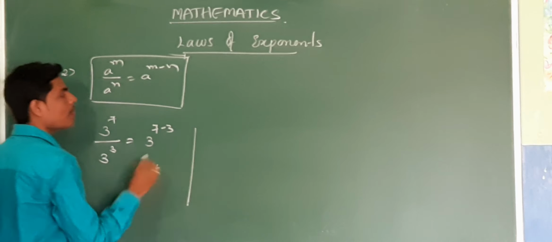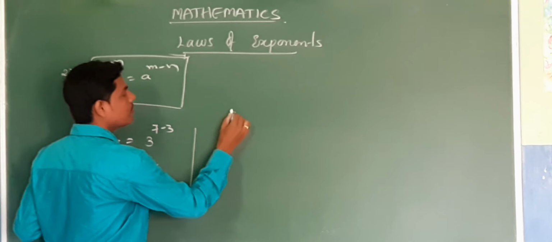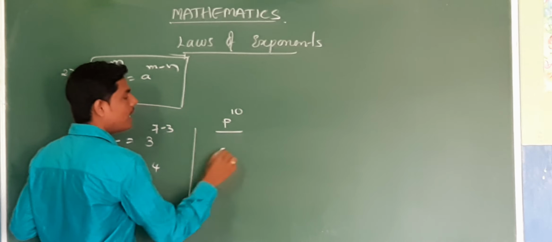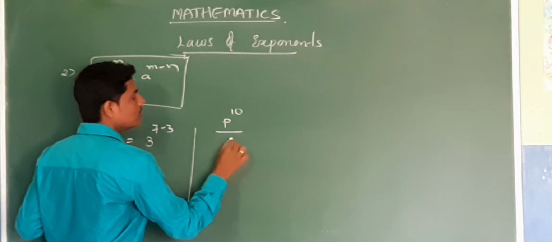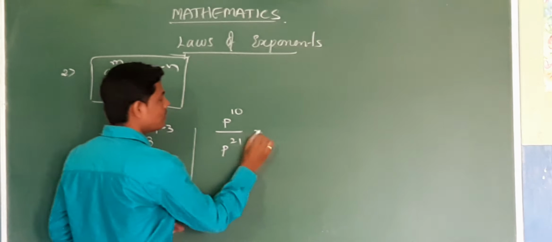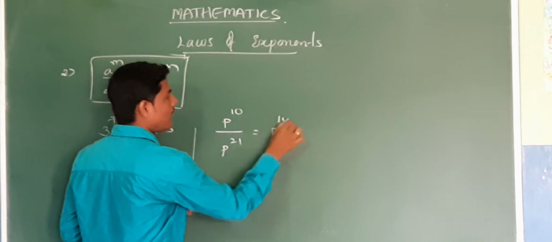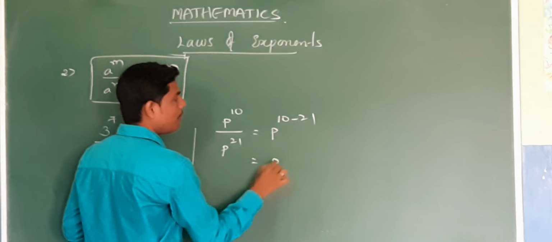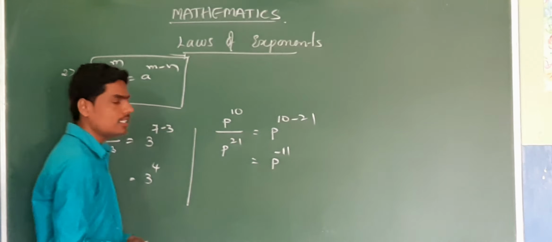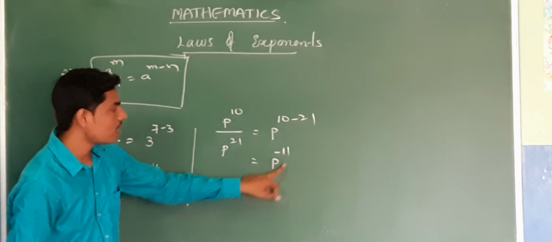One more. p to the power of 10 divided by p to the power of 21 is equal to p to the power of 10 minus 21. So you will get p to the power of minus 11. In this case, we got a negative power.